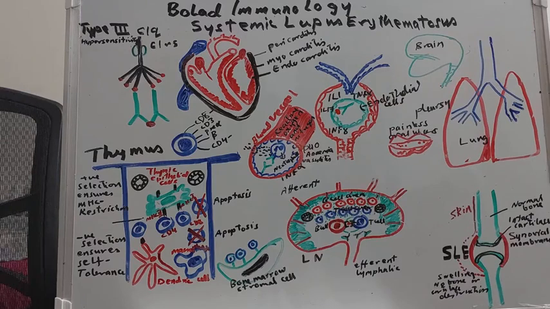For example, the occurrence of SLE in identical twins, the increase in frequency of SLE in first degree relatives, and the increased risk of developing the disease in siblings of SLE patients.